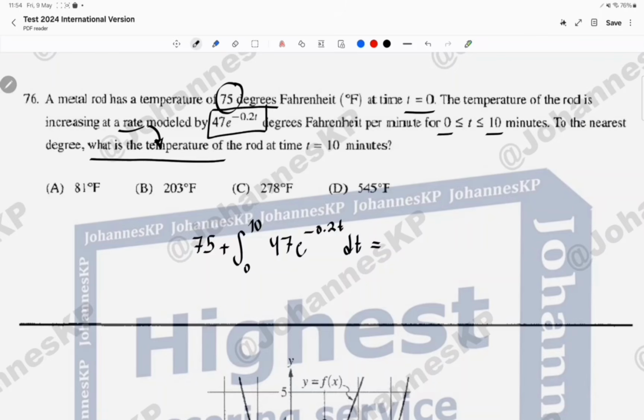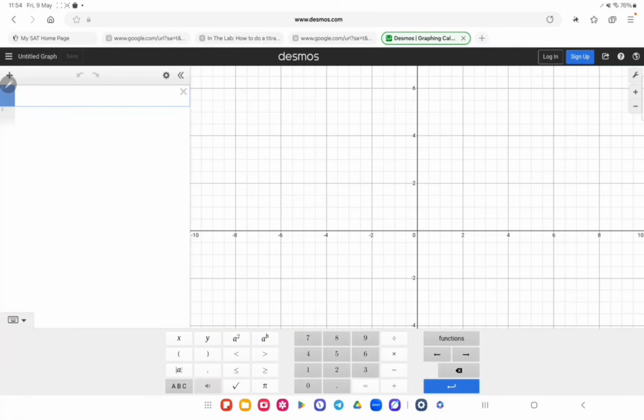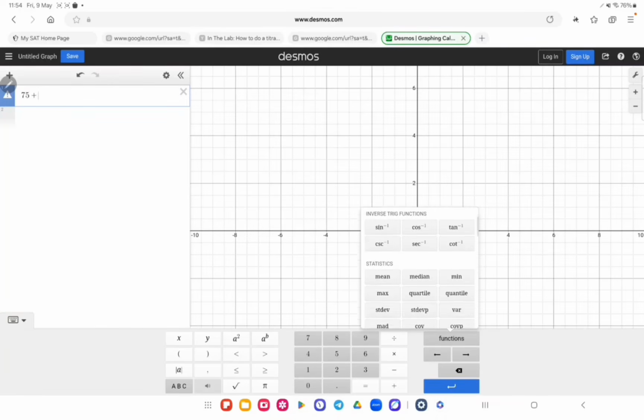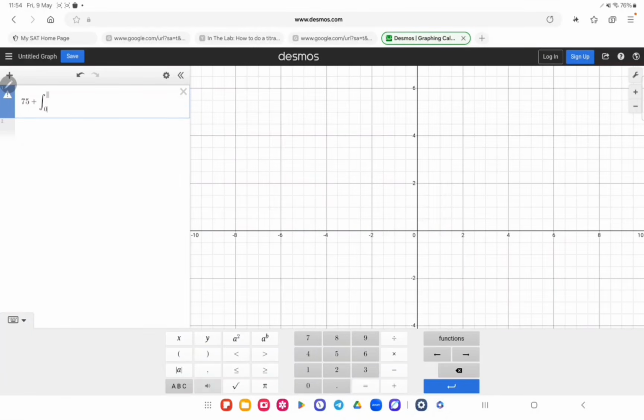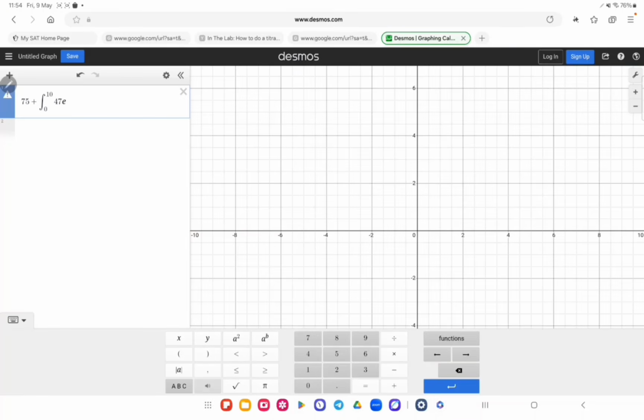We can now use Desmos for this one. So in Desmos, go here, get the keyboard out, and type 75 plus, go to function to look for integration, from 0 to 10. Put your function, 47e, so go to ABC and click on E, go back, make it power, negative 0.2 x for t, and here come down and put dx.